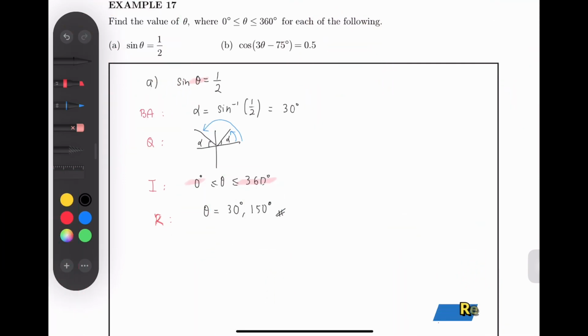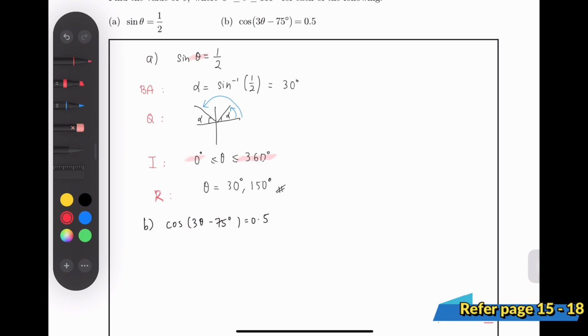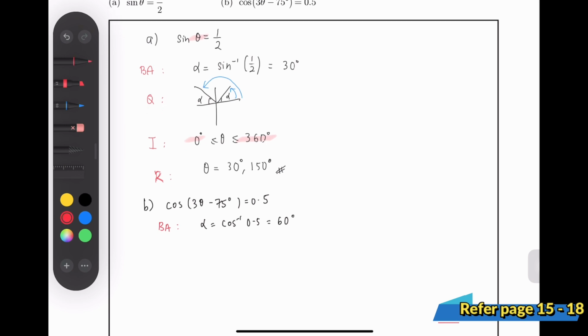For part B, we have cos of 3 theta minus 75 equals 0.5. So we're going to start our BACK. For the first step, we find the arc cos of 0.5, and the answer is 60 degrees. For the quadrant, cos is positive in the first and the fourth quadrants.